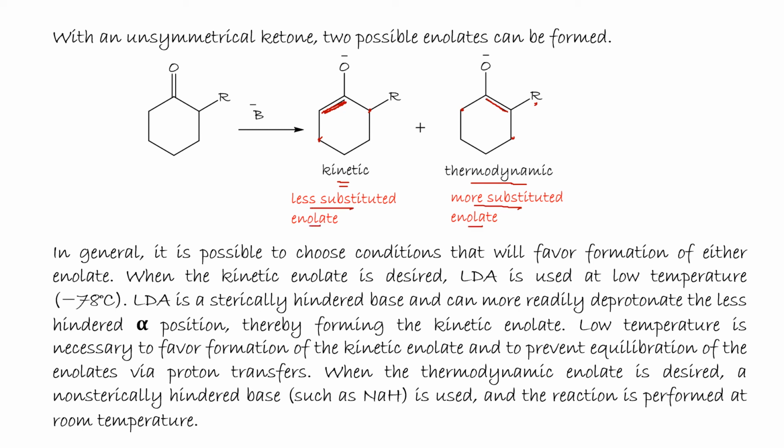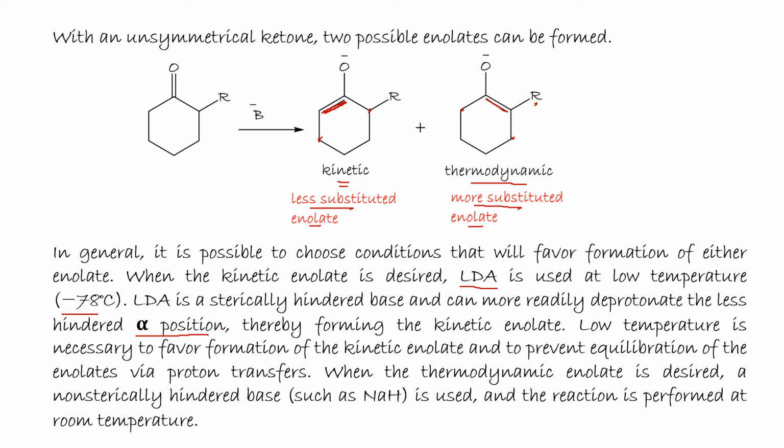In general, it is possible to choose conditions that will favor formation of either enolate. When the kinetic enolate is desired, lithium diisopropylamide is used at low temperature, minus 78 degrees Celsius. LDA is a sterically hindered base and can more rapidly deprotonate the less hindered alpha position, thereby forming the kinetic enolate.